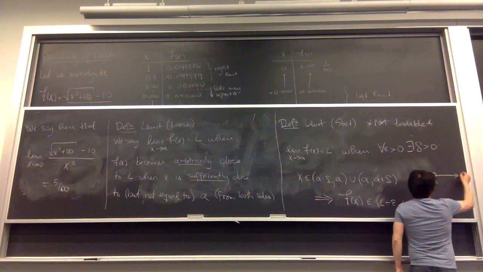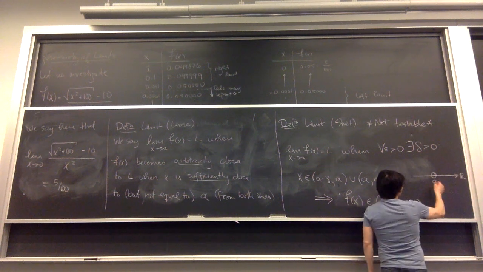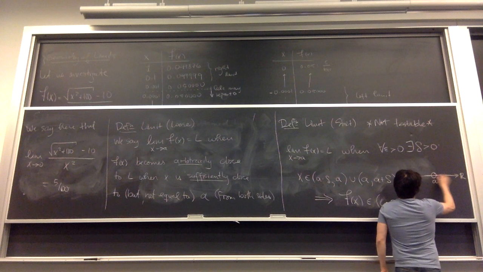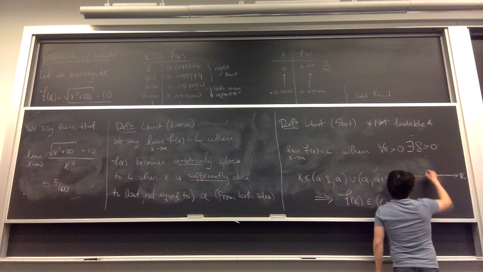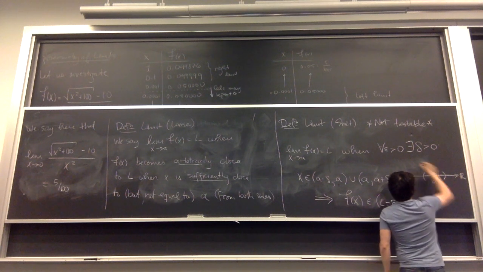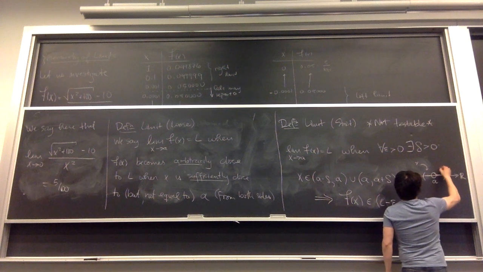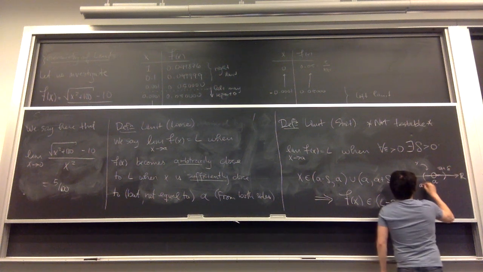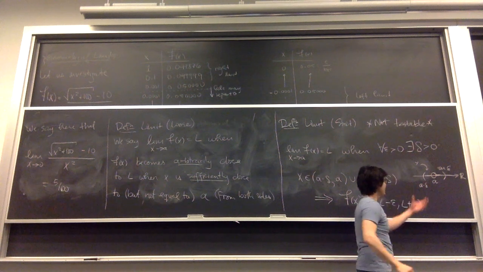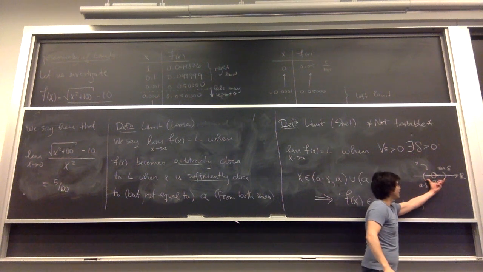So if this is the real line, this means that you're going to have an x in here, and this is going to be A plus delta, A minus delta. And as delta gets smaller, this interval becomes smaller as well.